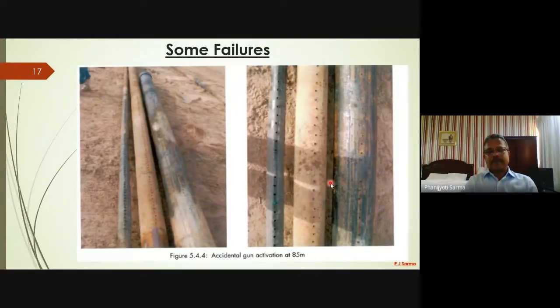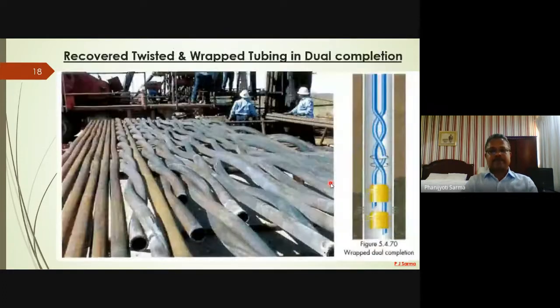Sometimes in the process of perforating a well, accidentally the perforation happens in wrong places, and that also causes a failure, and you need to do the workover. So this picture is showing accidental perforation in the tubing itself.